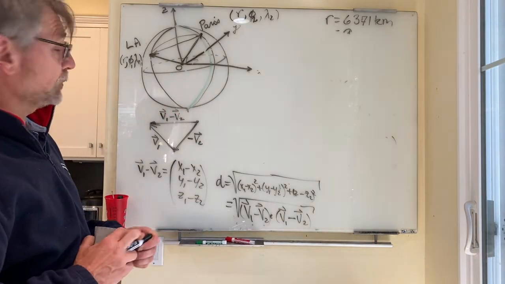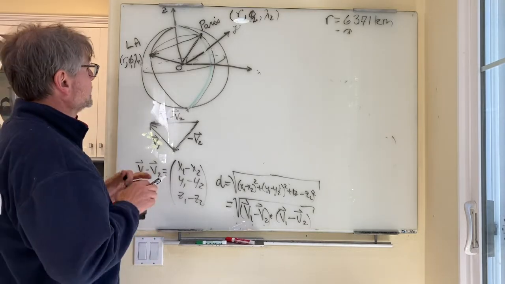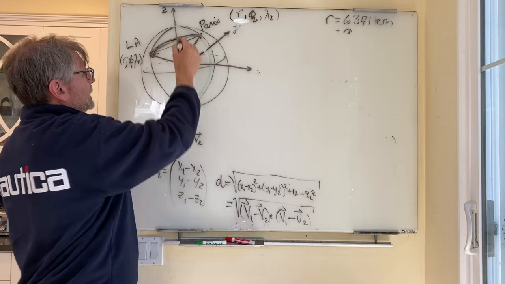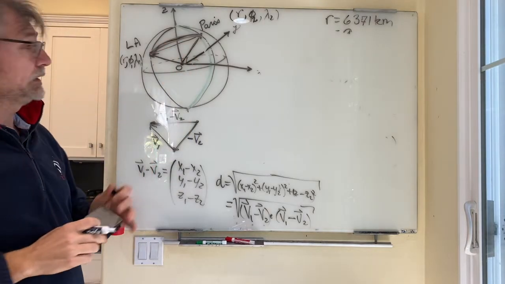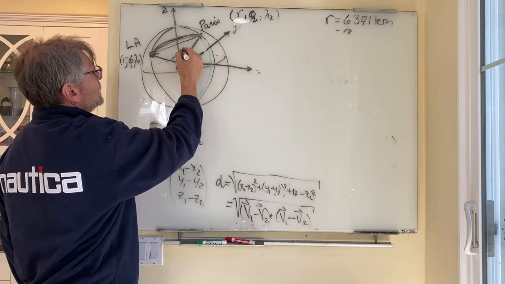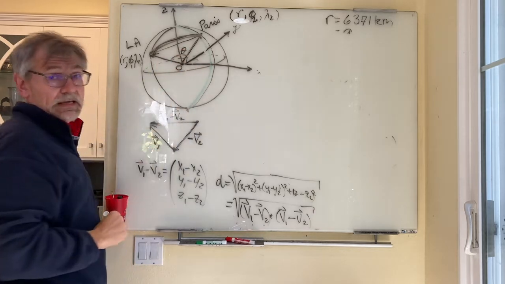All right, so now we would also like to compute the distance going along the great arc, right? The arc of the great circle. And for that, the easiest way to do it is to calculate this angle here between v1 and v2. So this angle, I'm going to call that theta.